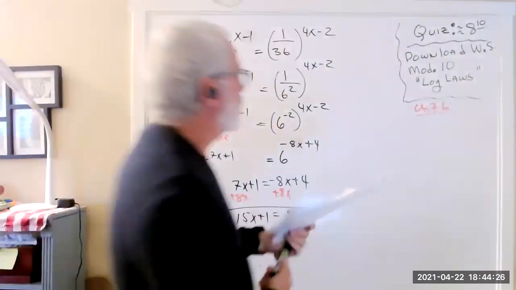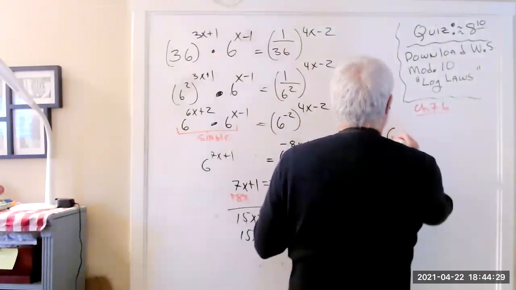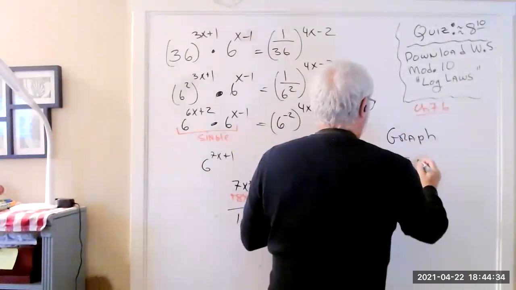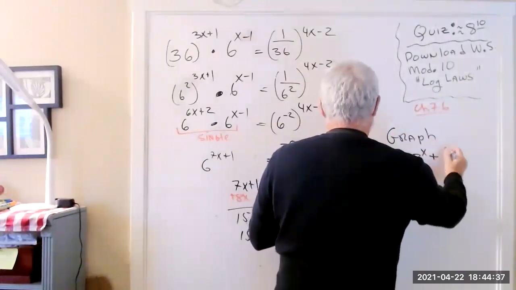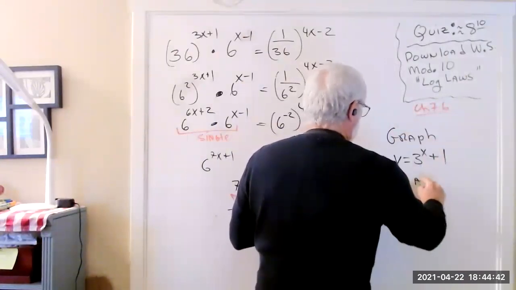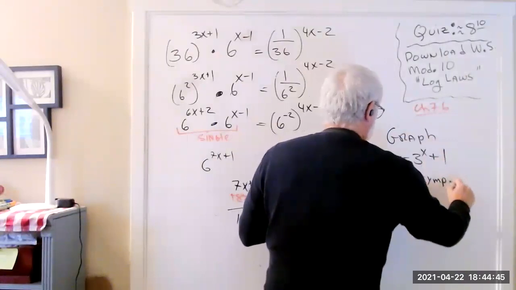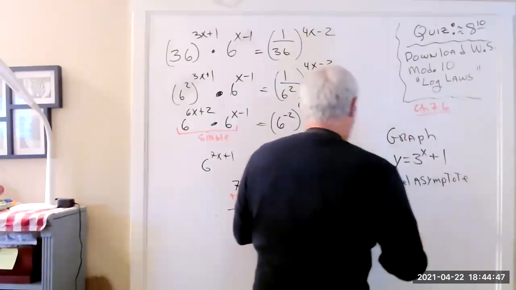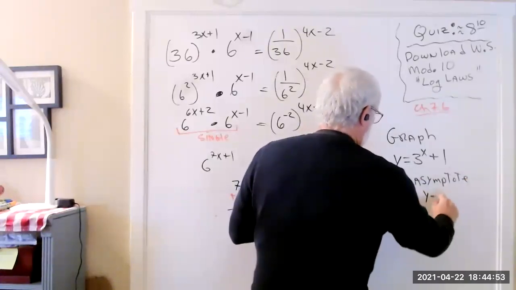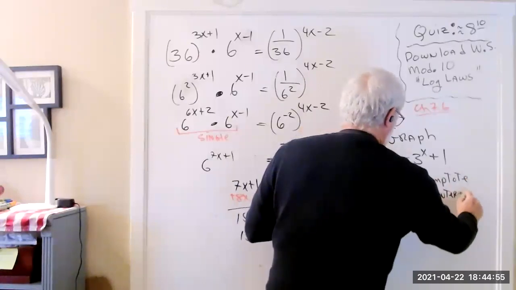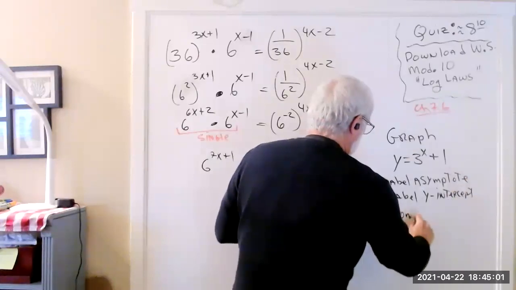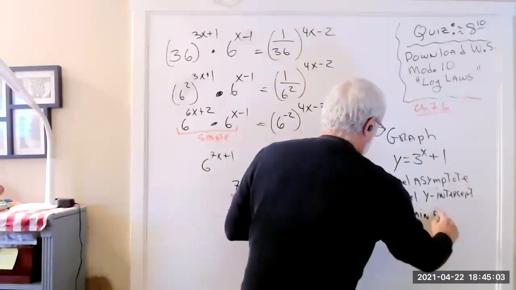What I want you to do is graph y equals 3 to the x plus 1. Label the asymptote, label the y-intercept, and state the domain and the range.